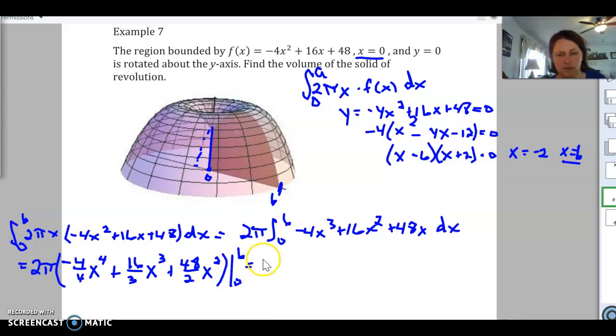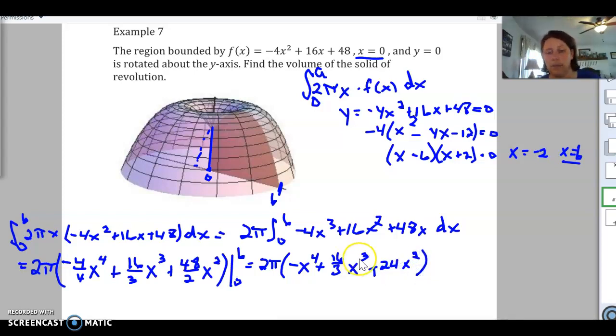So let's simplify that equation. We have 2 pi times negative x to the 4th plus 16 over 3 x cubed plus 24 x squared. All right, I'm going to do one more thing. I'm going to go ahead and pull out an x squared.